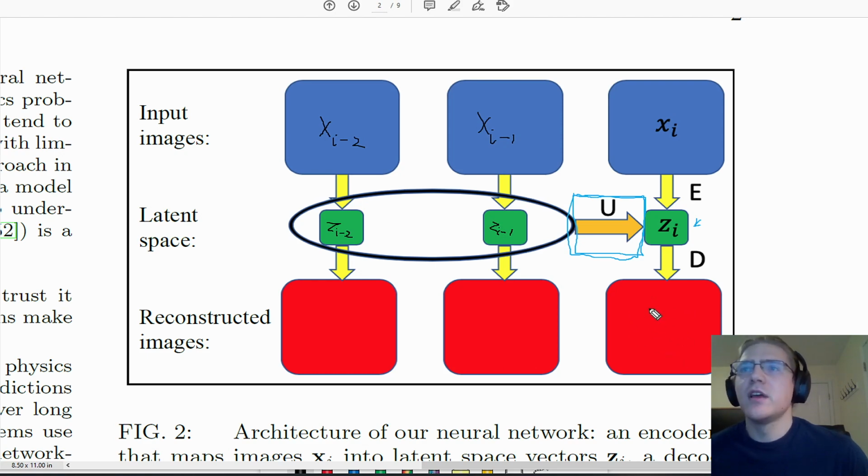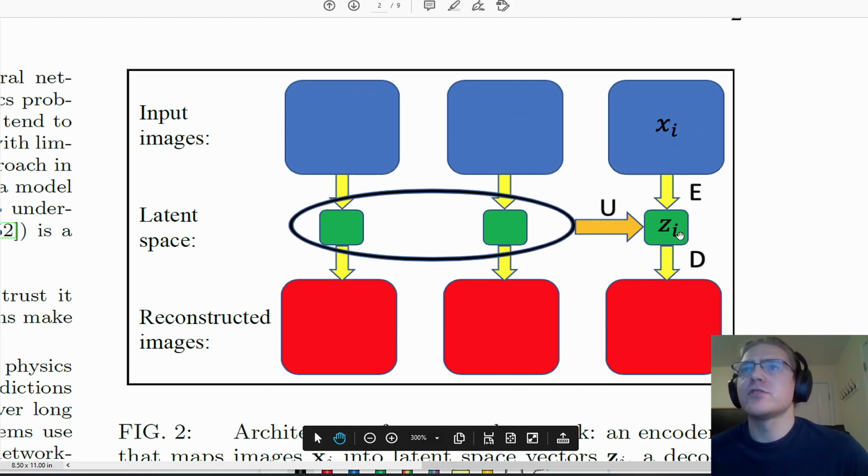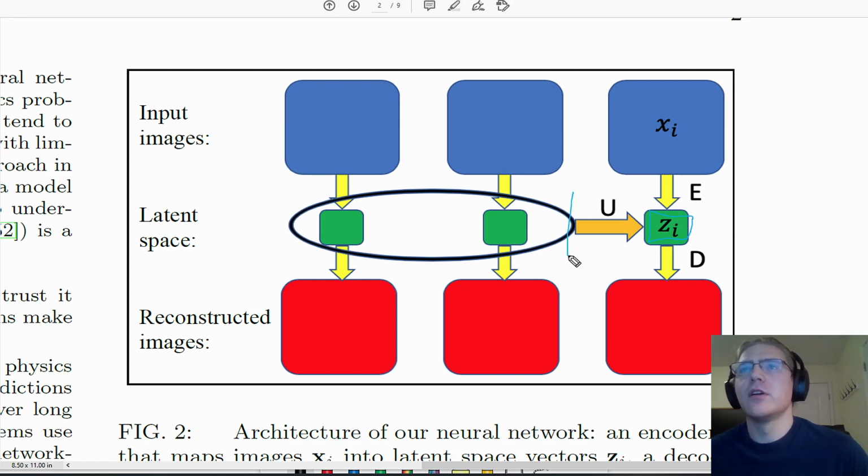So it's not just the error between the reconstructed image and the original image, but in fact it has a whole bunch of terms. It's also going to be the error of the prediction of this latent vector using this evolutionary operator.